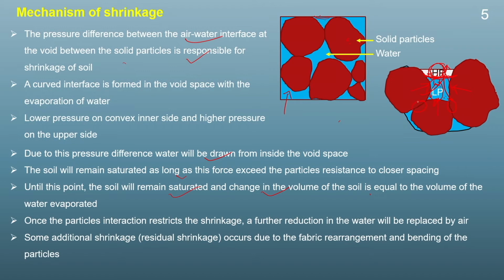Now, as long as this resistance force is lower than the pressure difference, the solid particles will come closer and there will be shrinkage. But once the particle interaction restricts the shrinkage, a further reduction in the water will be replaced by air. As long as this force of resistance is less than the pressure difference, there will be a decrease in the volume of the soil.